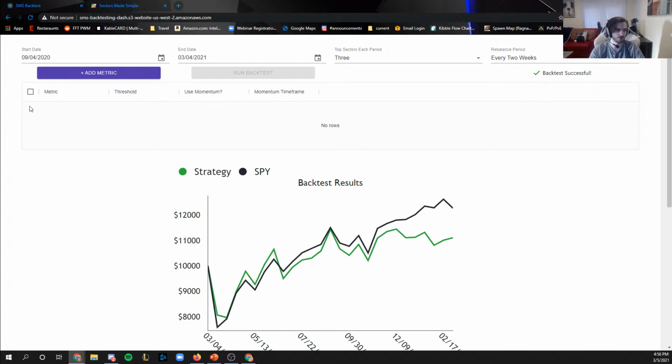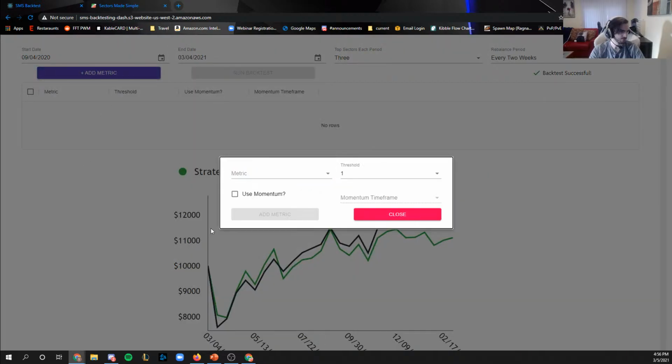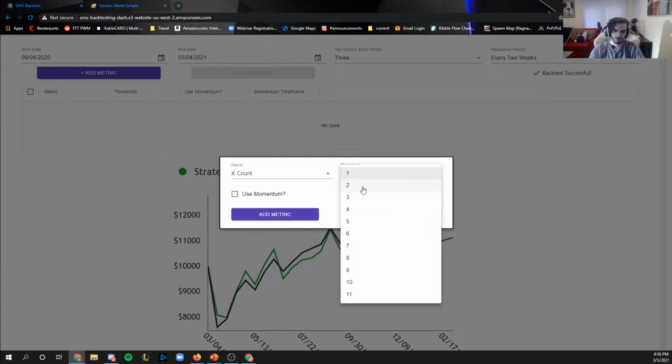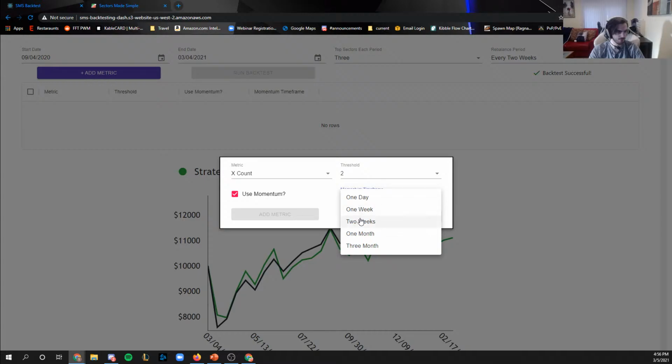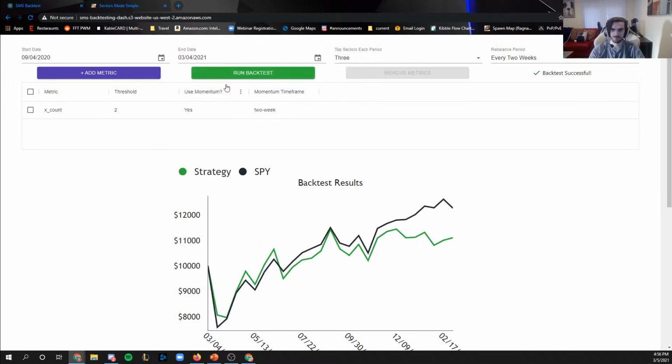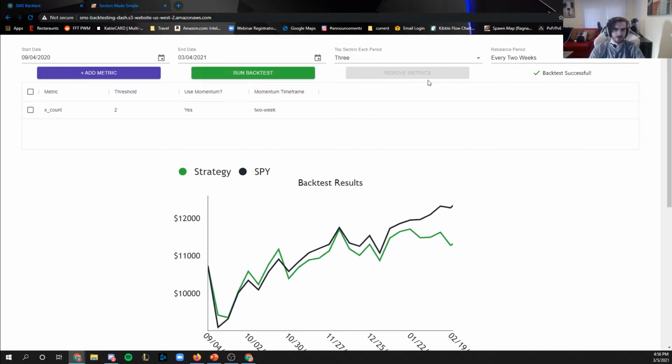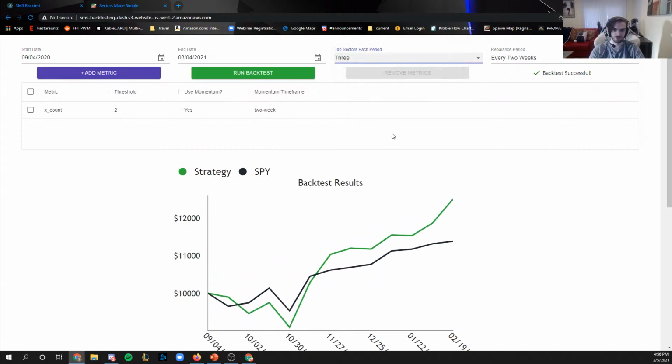So September 4th. X count, momentum. And every 2 weeks. And this is using top 3 sectors.